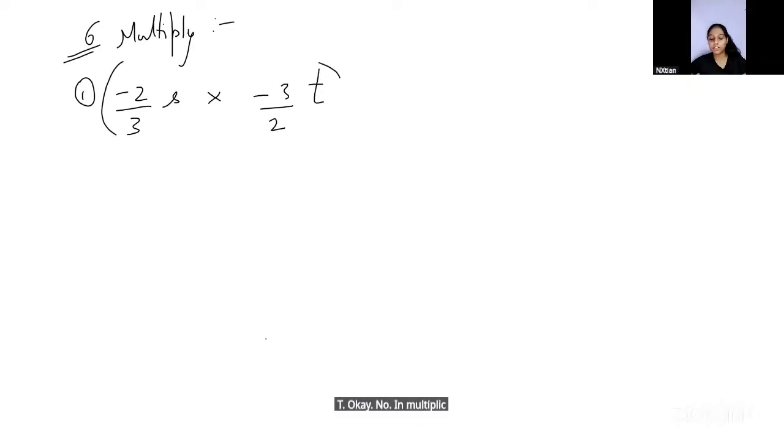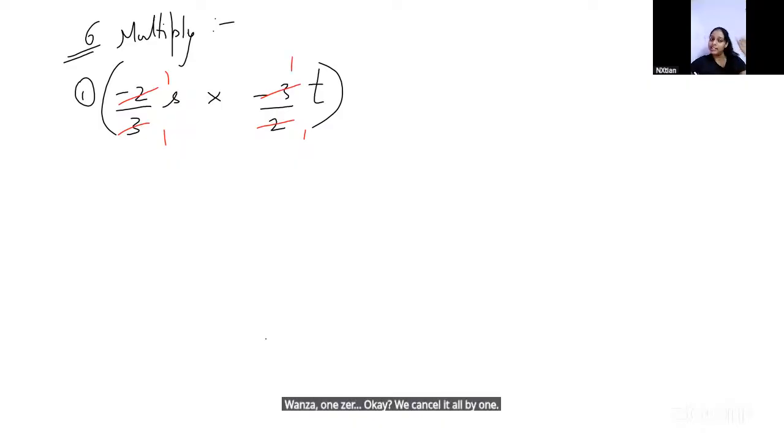The first one was minus 2 by 3 s multiplied by minus 3 by 2 t. In multiplication, you can see 2 and 3, and 3 and 2. We cancel it all by 1.